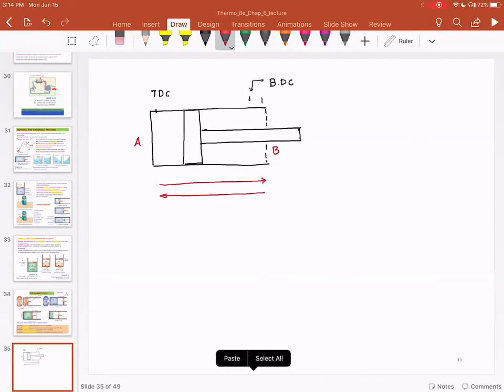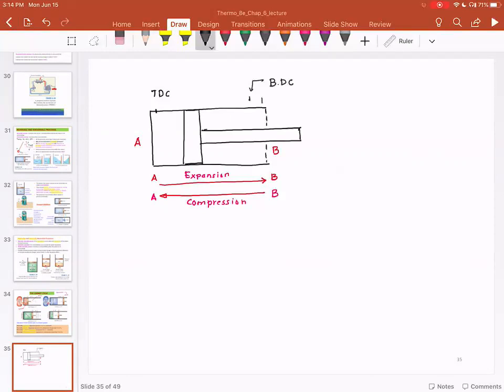Now, as the piston is going from A to B, it is expansion. And as the piston is going from B to A, it is compression. I want you to visualize it like this.